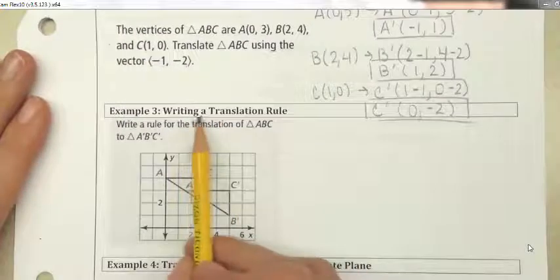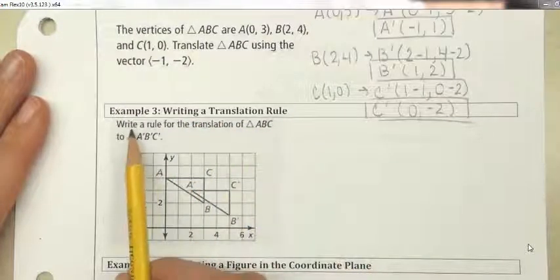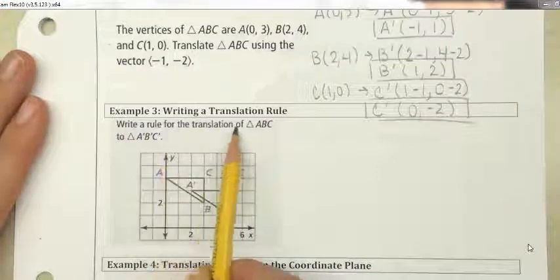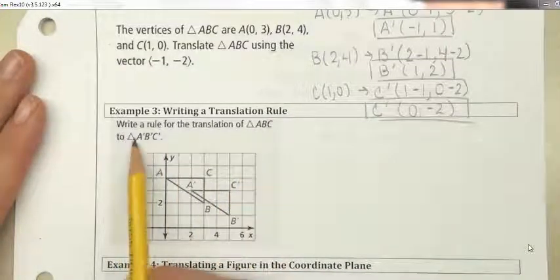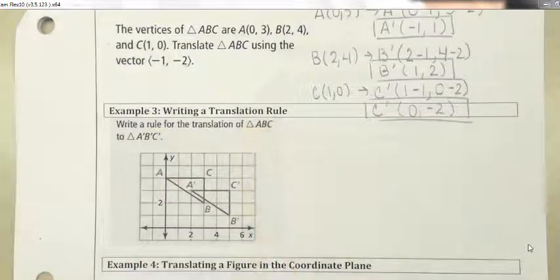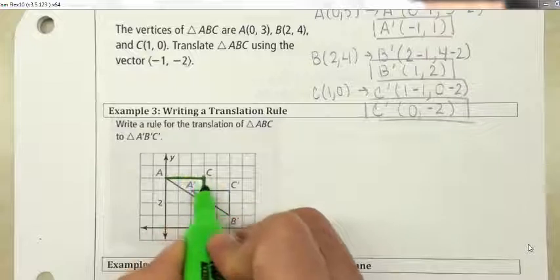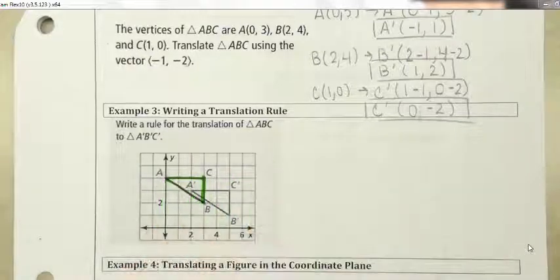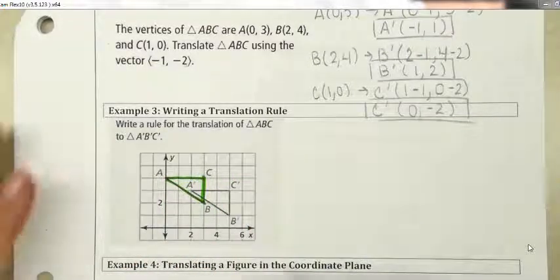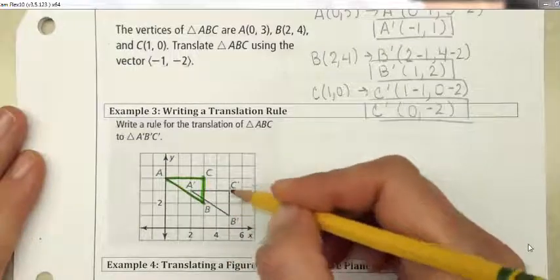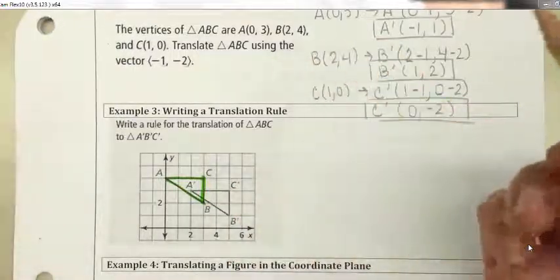Example 3, writing a translation rule. Write a rule for the translation of triangle ABC to triangle A prime, B prime, C prime. All right, so triangle ABC is this green one. This is our pre-image. And then it's been translated to A prime, B prime, C prime. Okay, so pick a point.